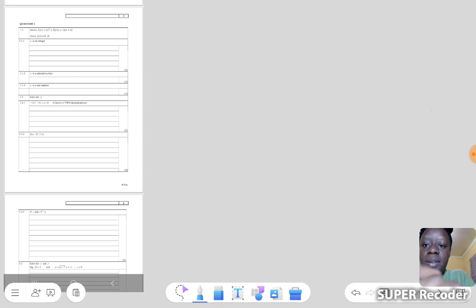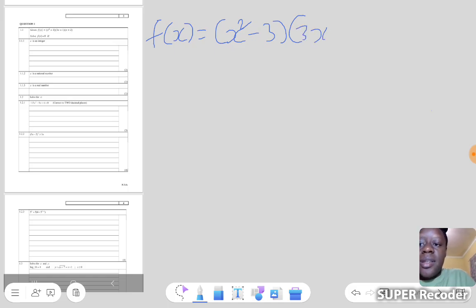Given that we have function f of x is equals to x squared minus 3 close brackets, 3x minus 1 close brackets, open brackets x plus 2. We were told to solve for x.